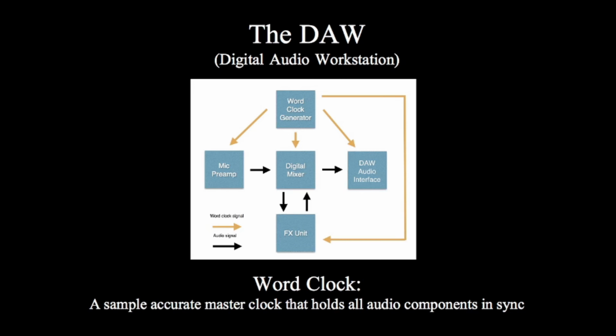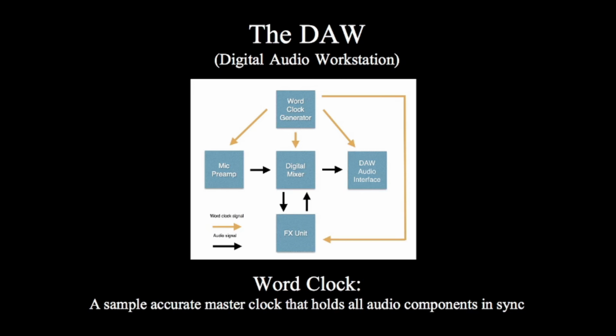Why is this important? Well, sometimes when you set up a system, you can have one device expecting a different word clock than what the master device is doing. So say you have set up a mixer and you've told it, oh, I'm going to be at a sample rate of 44,100.